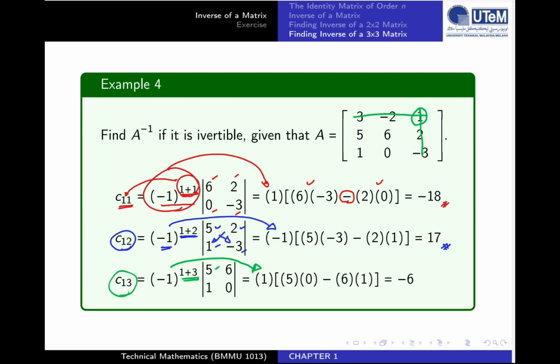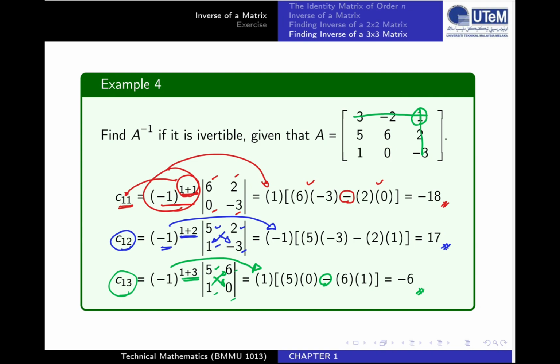And the rest values are 5, 6, 1, 0. We take 5 times 0, minus 1 times 6, and we can get negative 6. So that is the cofactor for the first row.